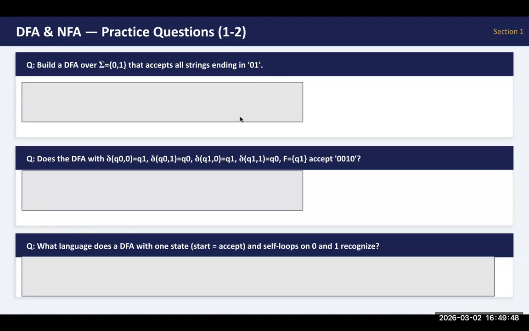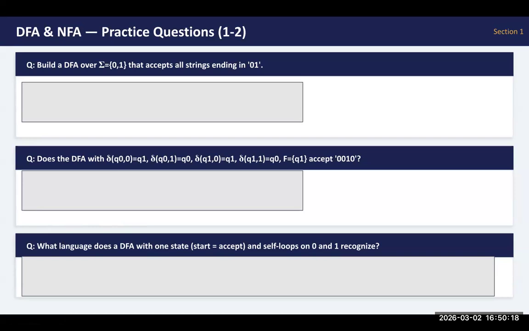So again, it's very nice to write down your accept and deny strings and then go ahead with doing that. That is useful whenever you have a DFA to be constructed.